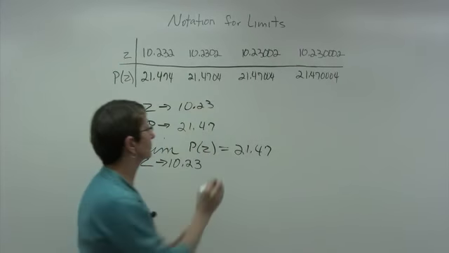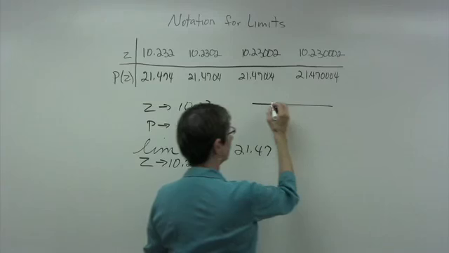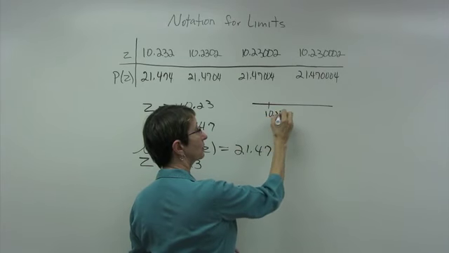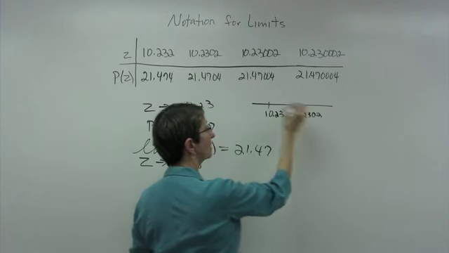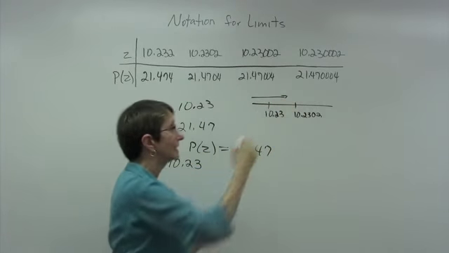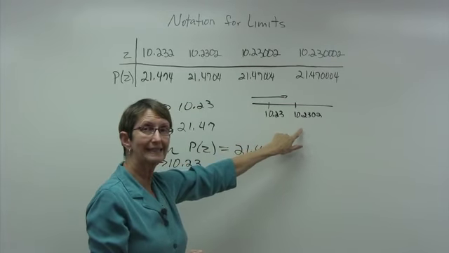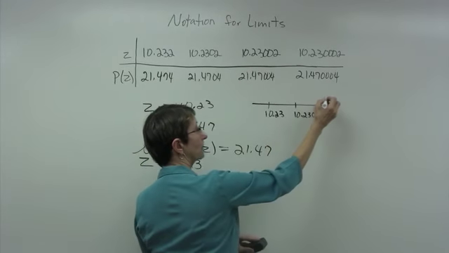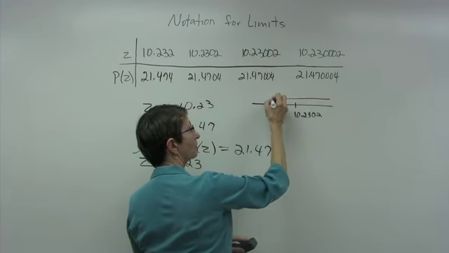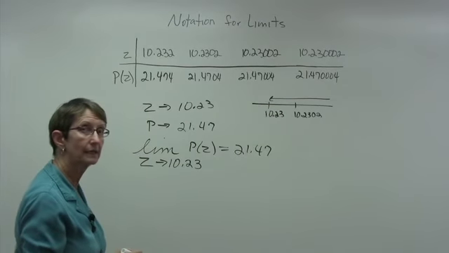If you think about these numbers on the number line, here is my number 10.23, and over here is 10.2302. Remember, we read left to right? So these numbers are on the right-hand side, and what we're doing, we are taking numbers over here approaching 10.23.